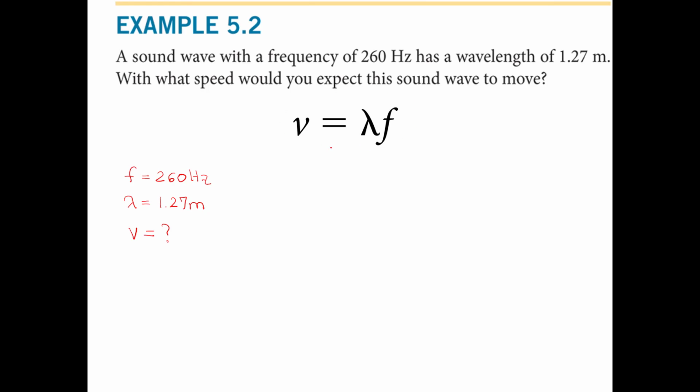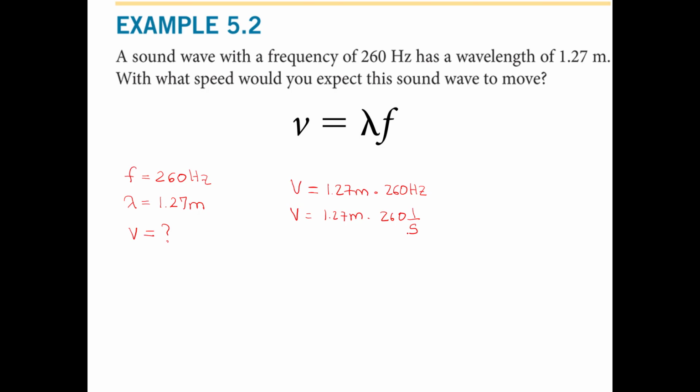Because we know the wavelength and we know the frequency, we can calculate the speed of the sound. Then the wavelength will be 1.27 meters multiplied by the frequency. But we know hertz is 1 over second. Then I will write here 260 1/second.